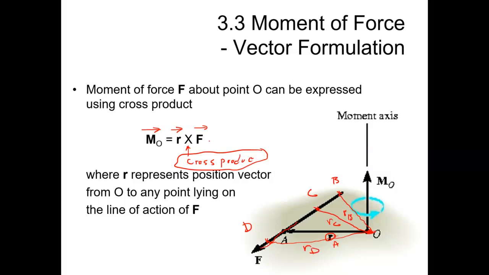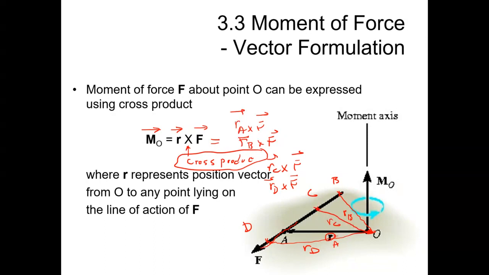So the question, is this equal to RA times F? Is this RB times F, or RC times F, or RD times F? Which one is correct? That's a very important question.